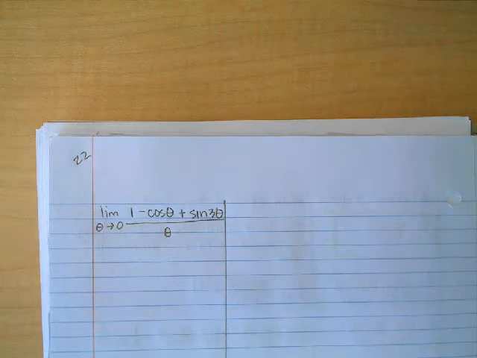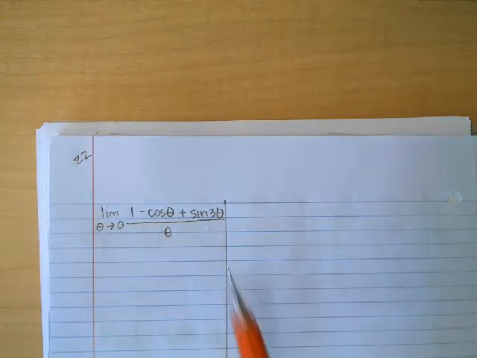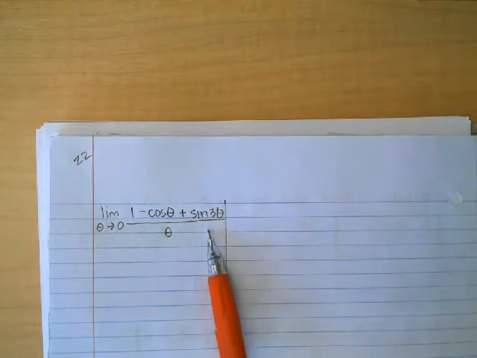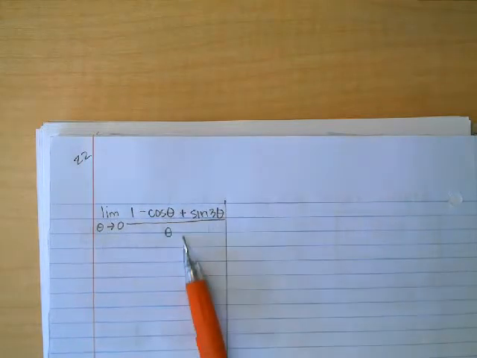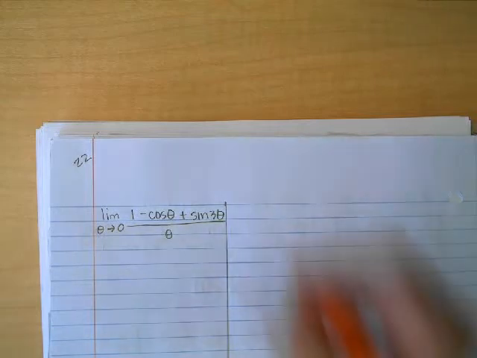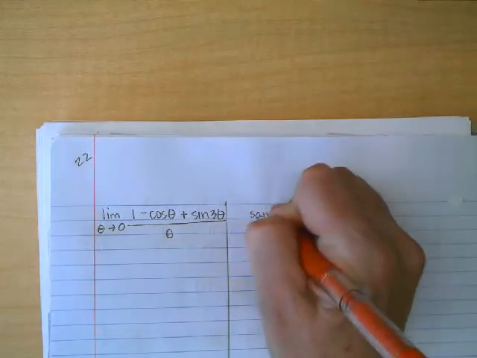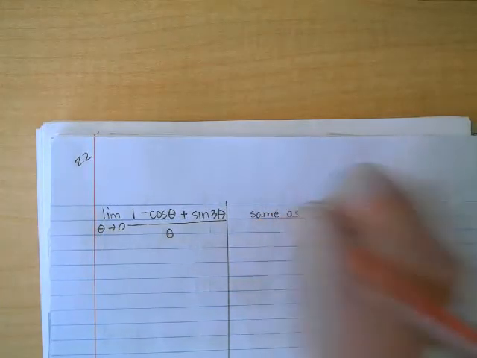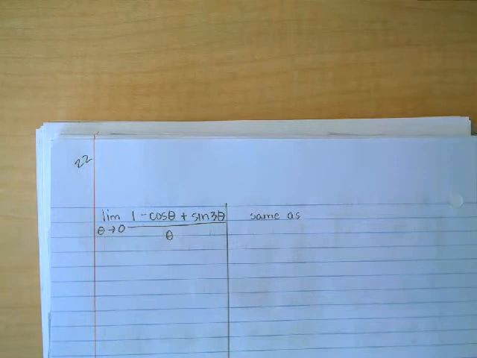Okay, so this kind of looks like what we've seen. We've seen that if I had a 3 theta on the bottom, and we have this rule that says you can add limits together. So if we can add them together, then we should be able to break it apart. Again, I want you to note this strategy here.